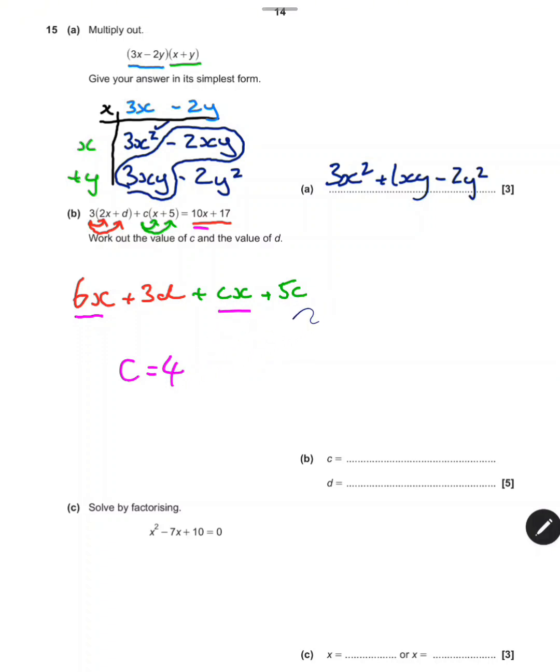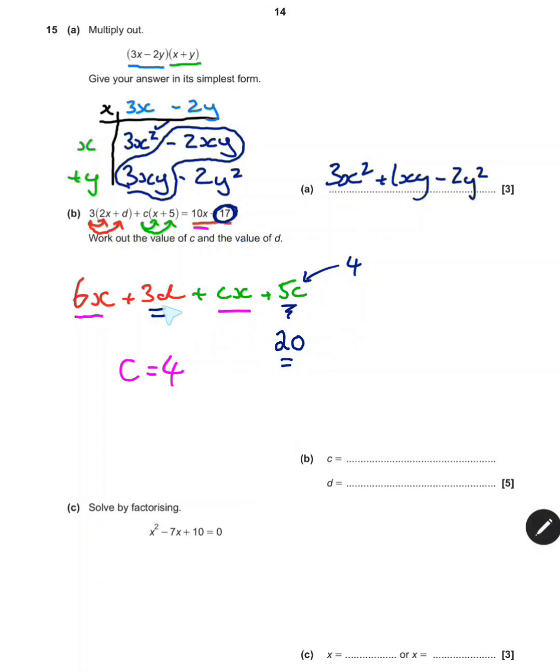Now I know that C is 4, and this entire thing here becomes 5 times 4, which is 20. What we're actually looking for in the answer is 17. So we've got 20 and 3 D's, and we're trying to get to 17.